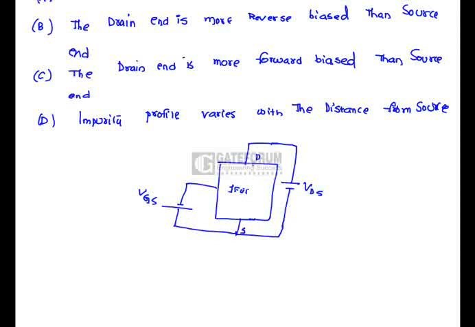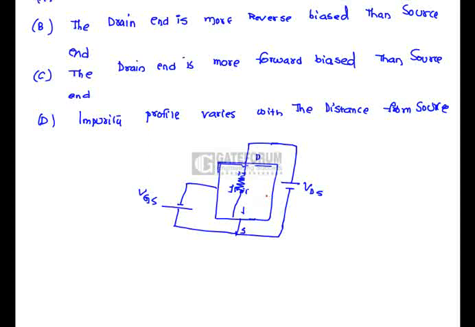Now this n-channel substrate acts as a resistor. So as you move towards the drain end, the voltage drop across the channel is going to increase, which will cause more reverse bias towards the drain end compared to the source end.